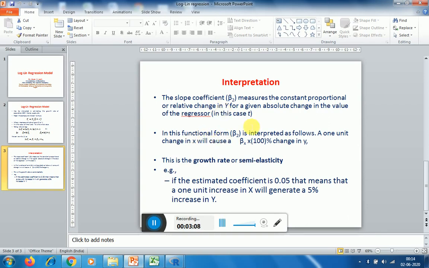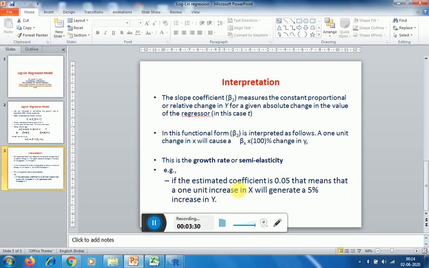In this functional form, beta 2 is interpreted as follows: 1 unit change in x will cause a beta 2 into 100% change in y. This is the growth rate, also called the semi-elasticity.